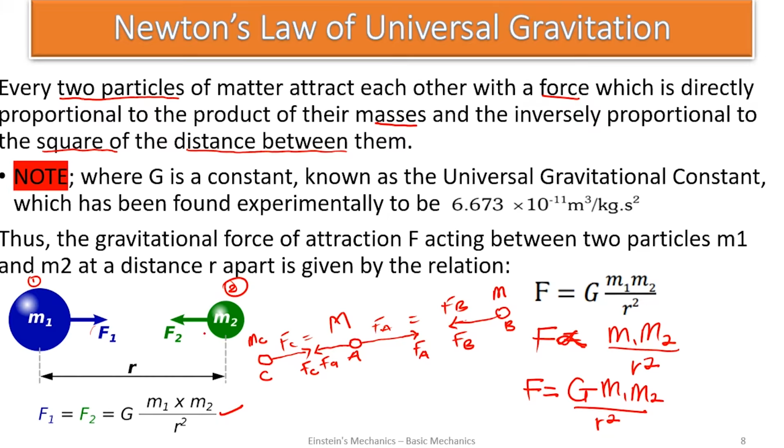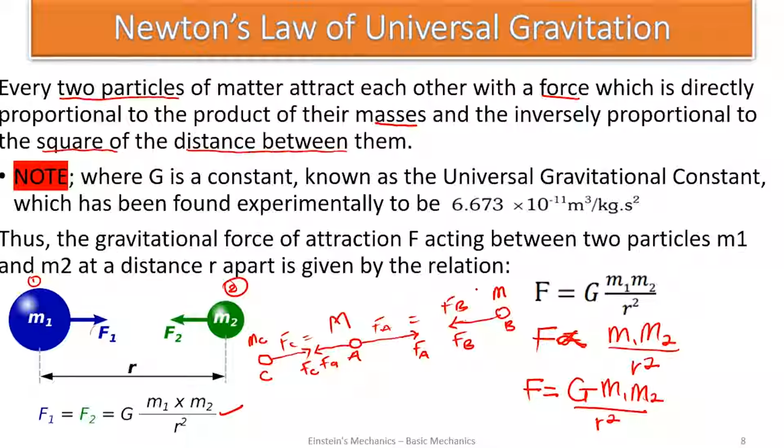So we can see that as two objects are there, the force between them becomes greater anytime the mass increases, because this is M1 and M2. Anytime any of M1 and M2 increases, it's going to cause an increase in the force, because it is directly proportional. As M2 or M1 increases, the force increases.